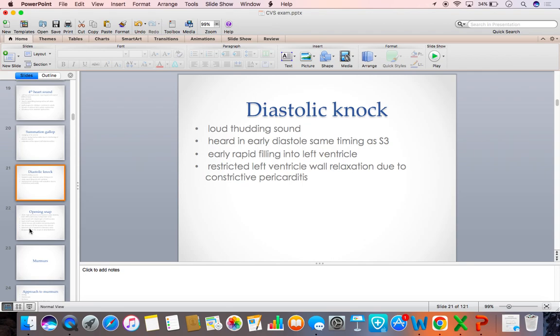Diastolic knock or diastolic thud. This is a loud thudding sound. The timing is the same as the third heart sound. It occurs due to the early rapid filling of the ventricle, and the ventricles are poorly compliant due to constrictive pericarditis.